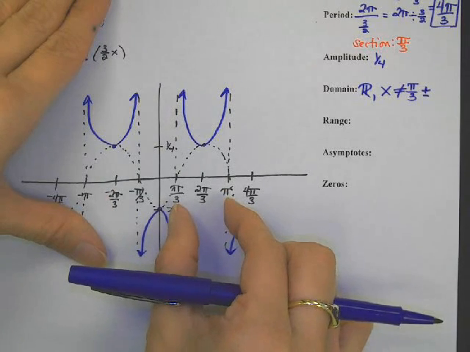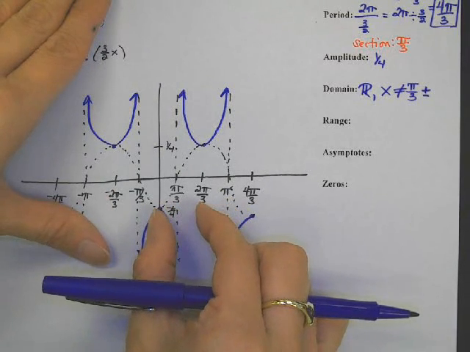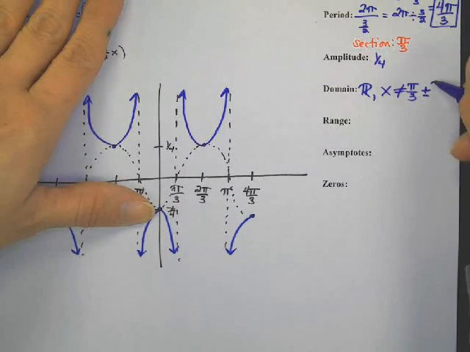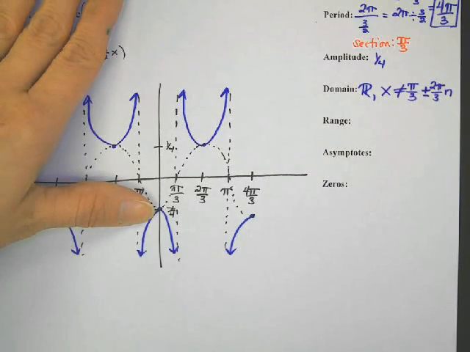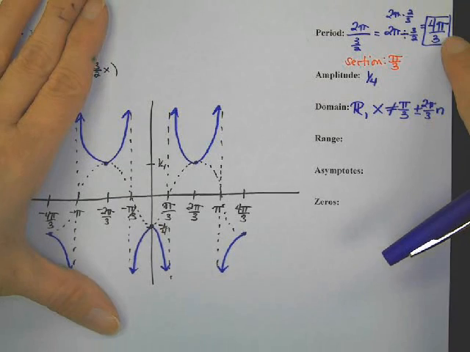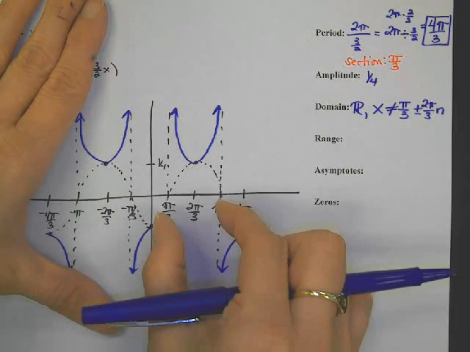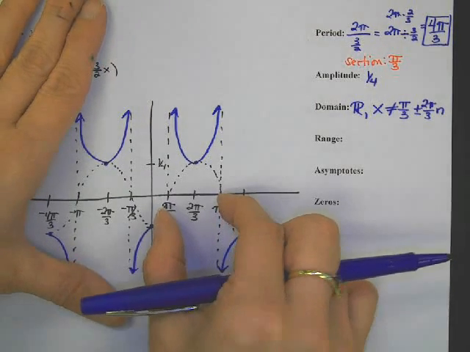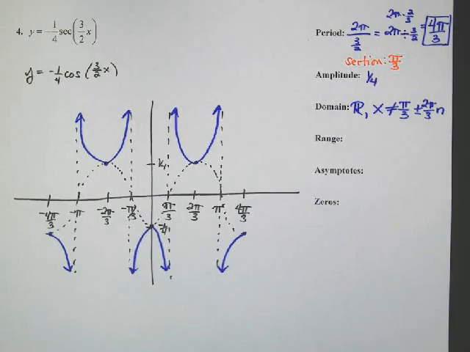And how much is 2 sections? 2 pi over 3. 2 pi over 3n. Does anybody realize that 2 sections is exactly half of the period? Since 2 sections is half of 4 sections?